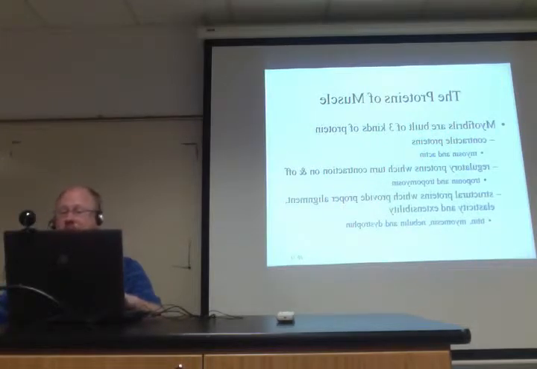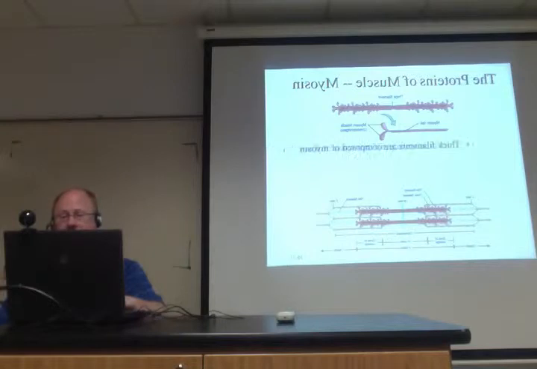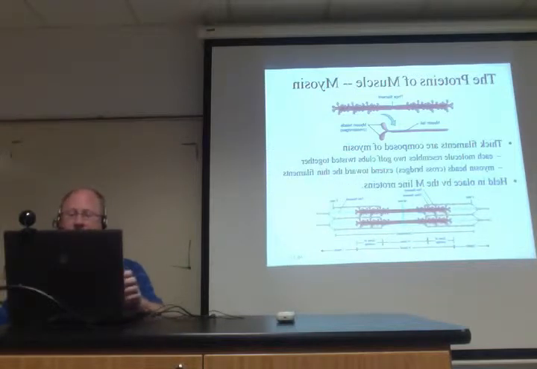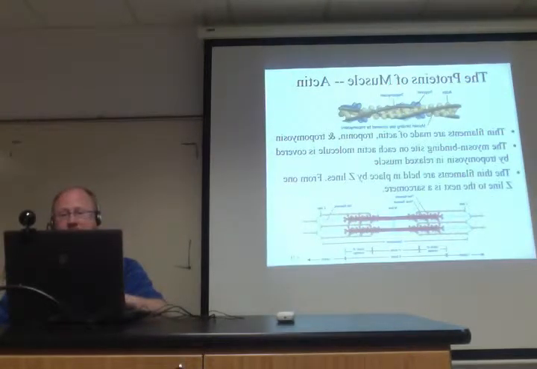The contractile proteins, myosin and actin, the regulatory proteins, troponin and tropomyosin, and then all the other proteins that are useful for maintaining alignment with the thick and thin filaments. We looked at the thick filaments, the two golf club type appearance that have the shafts twisted together. We looked at that arrangement of the thick and the thin filament.